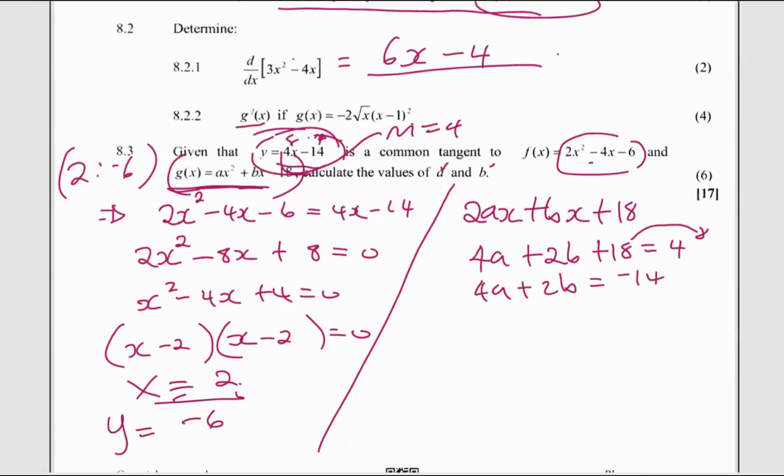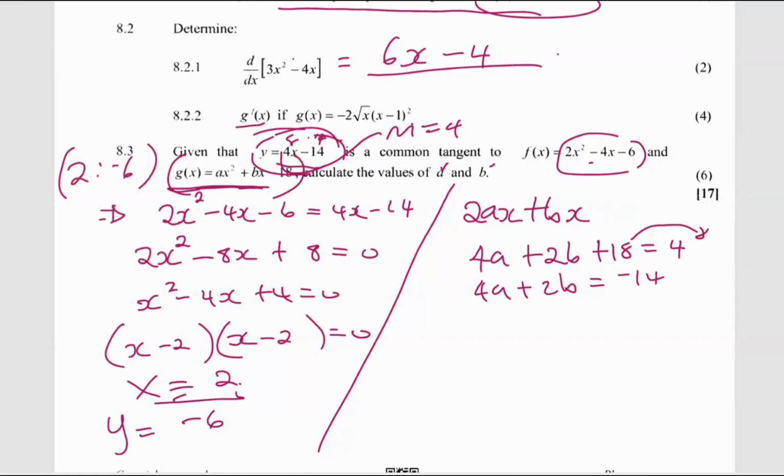I don't know if that makes sense. No, that doesn't make sense. Why are we having the 18 here? Because we derive, so that must die. It doesn't make sense.